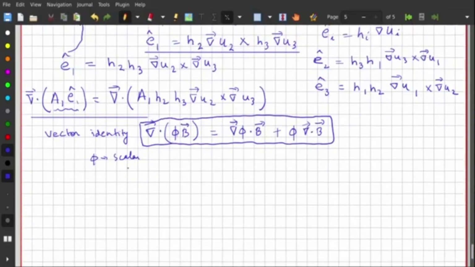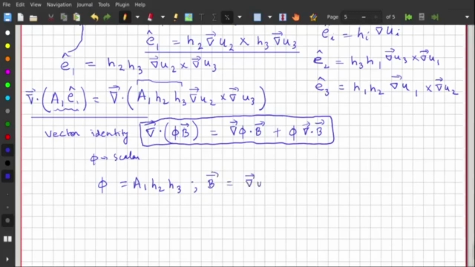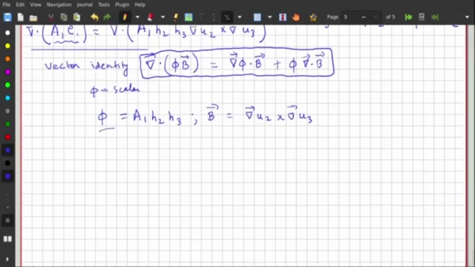If we represent phi by this term, which is A1 H2 H3, and the b vector by the cross product grad U2 cross grad U3, then recognizing this is phi and b and using this vector identity, we can rewrite the divergence of A1 E1 cap.